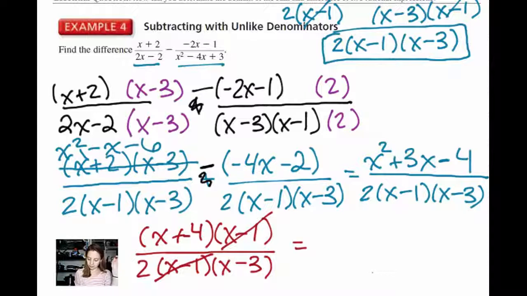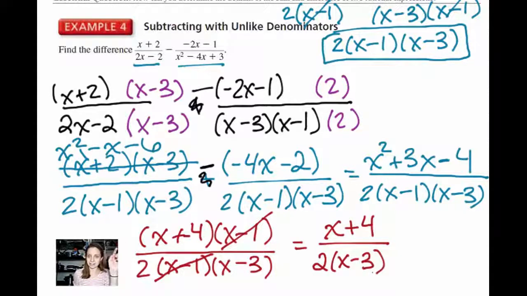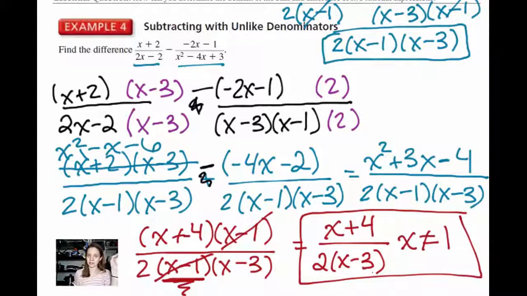And we end up with x plus 4 over 2 times x minus 3. We have to list the restricted domain because the x minus 1 factor in the denominator that we got rid of is undefined when x equals 1, so x cannot equal 1. And there is our answer.